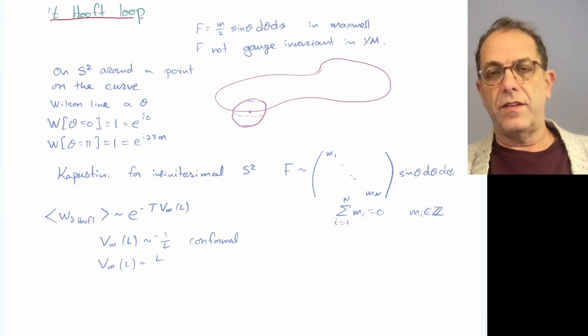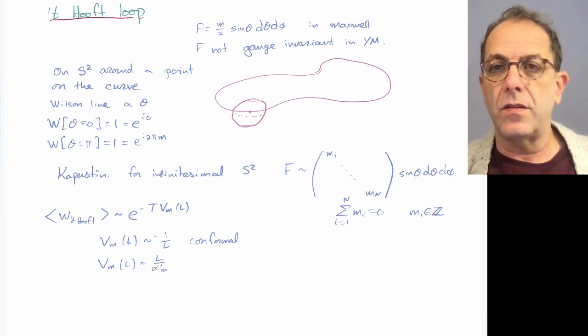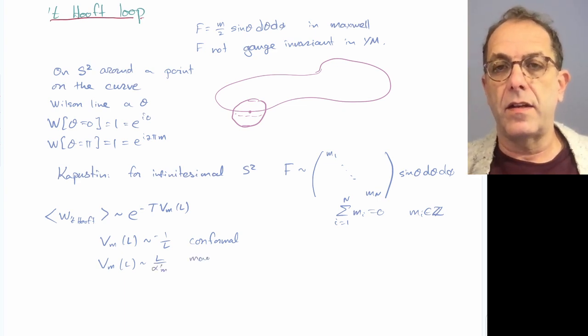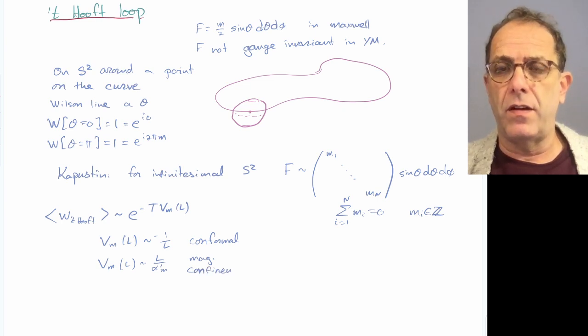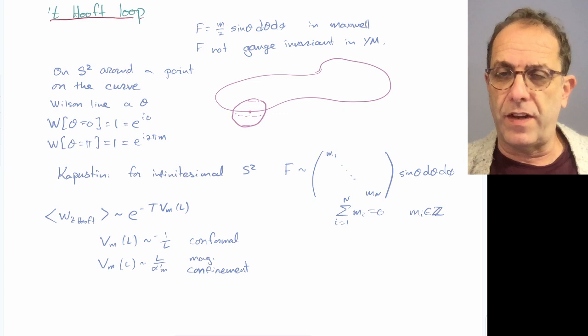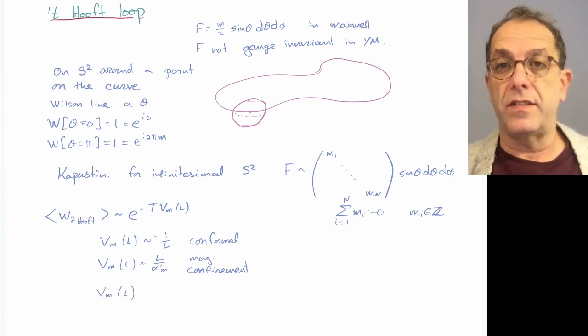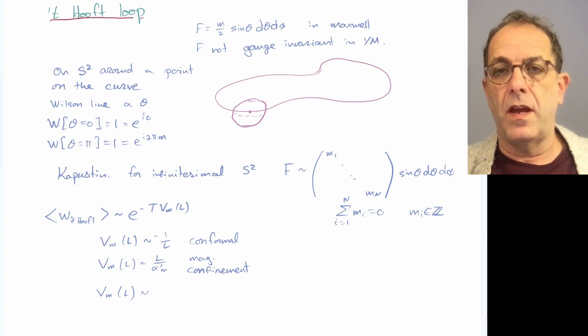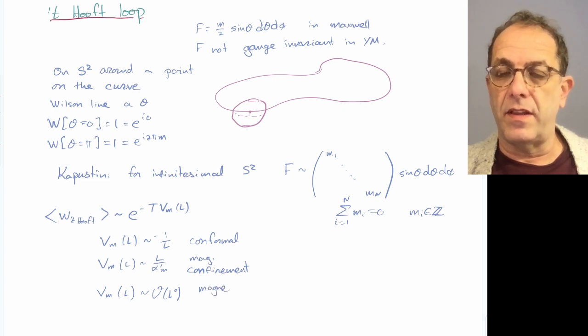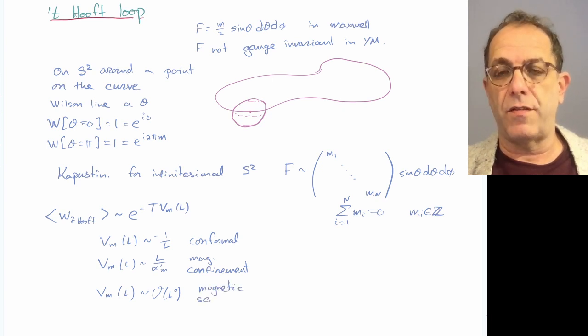So we again find 3 behaviors where the magnetic particles exhibit conformal behavior, where the magnetic particles confine, and where the magnetic particles are screened. And following the logic of 't Hooft, the conformal behavior is the same in the electric and magnetic case. Both of them would be conformal.